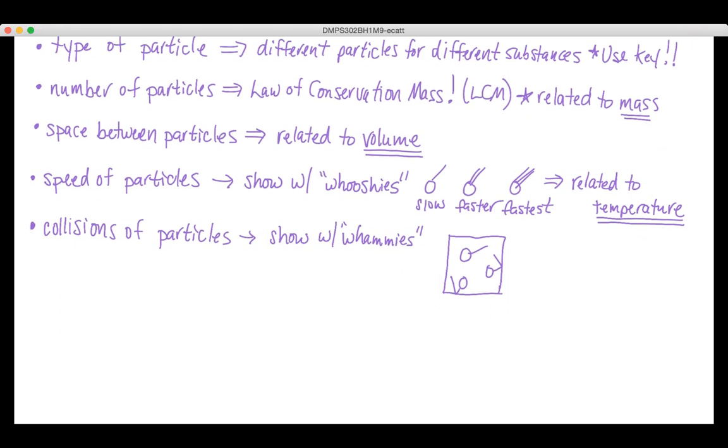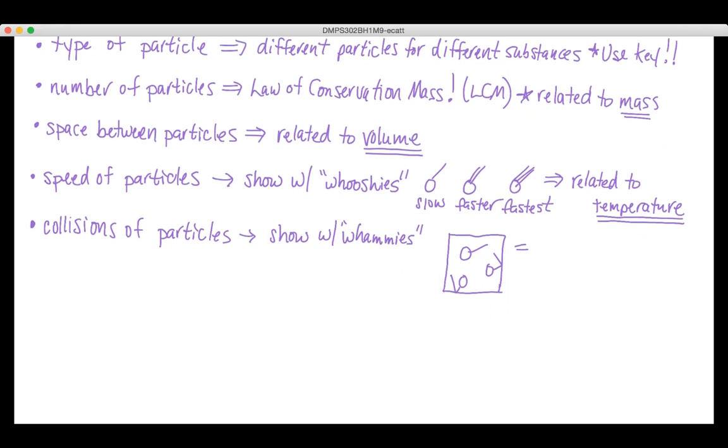These are related to pressure for a gas. Yes, there will be collisions of particles in solids and in liquids, but the measurement that you can make that relates to the number of collisions is based on pressure, which is only measured for a gas.